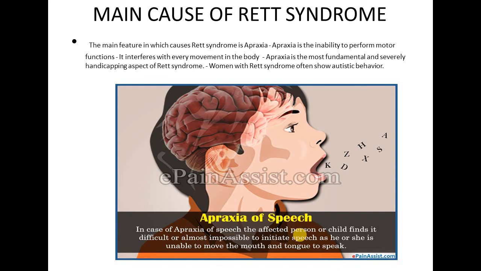So women with Rett syndrome often show autistic behavior, that is apraxia of speech. In apraxia of speech, the affected person or child finds it difficult or almost impossible to initiate speech, as she is unable to move the mouth and tongue to speak. This is the main cause of Rett syndrome.